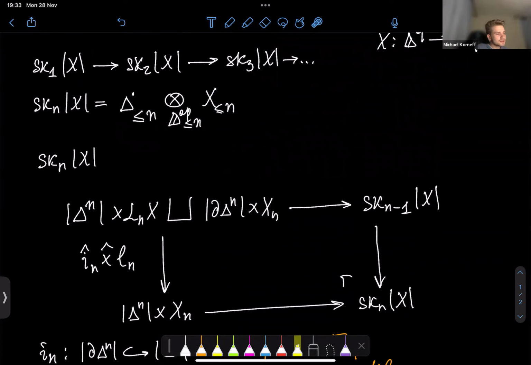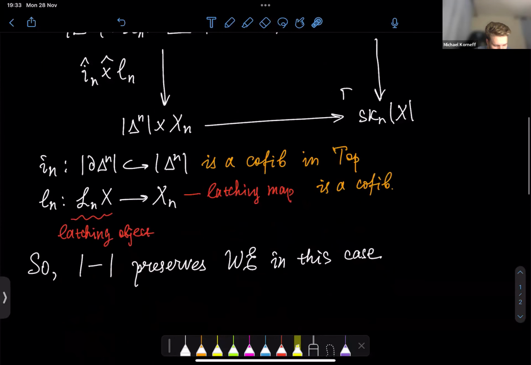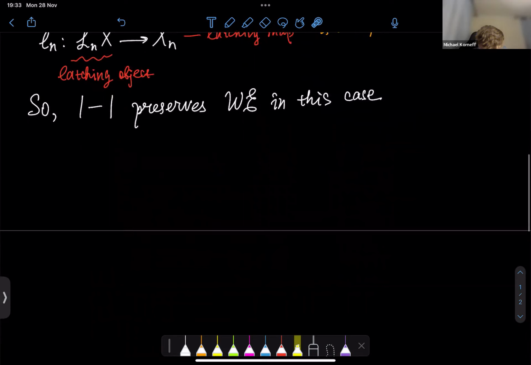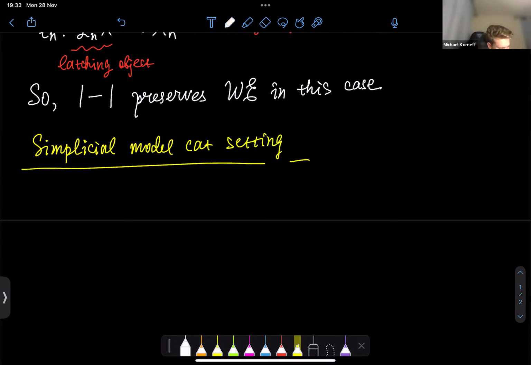Okay, now consider the next case. The next case is a simplicial model category setting. In this case, we can define intuitively what is the matching object of a simplicial object.